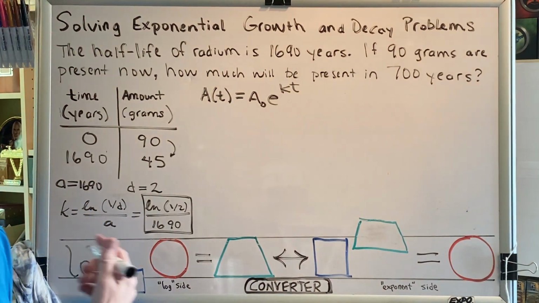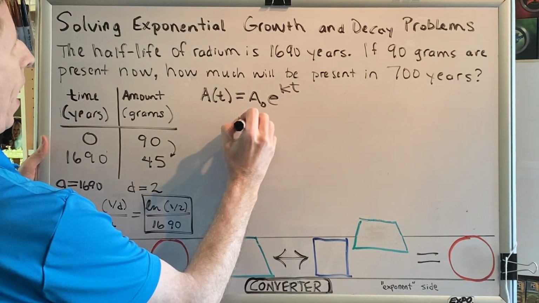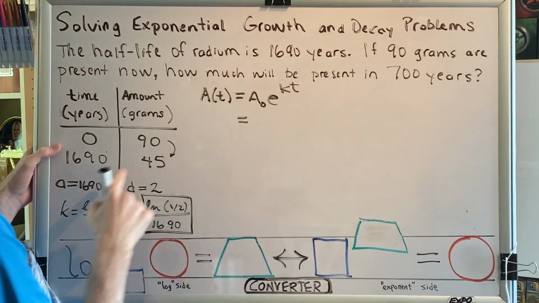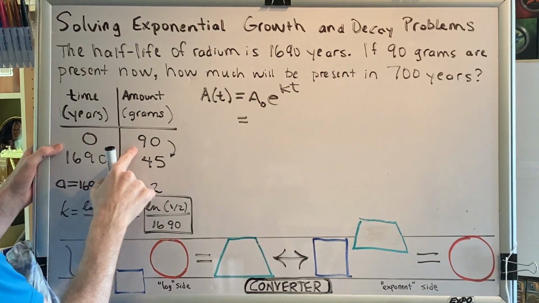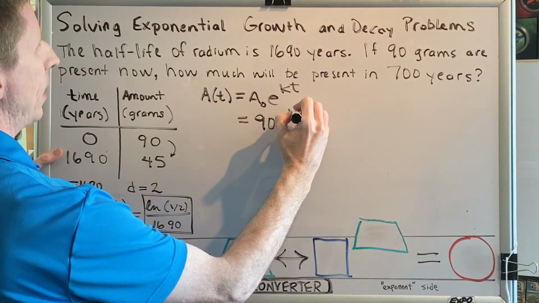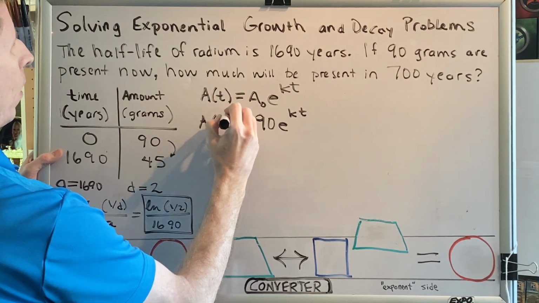Okay, so let's start filling in parts of this equation that we know. First, A naught. A naught is the amount, A, when the time is 0, which we can see from our table is 90. When the time is 0, the amount is 90. So this is going to be 90 e to the kt, and this is going to be A of t.